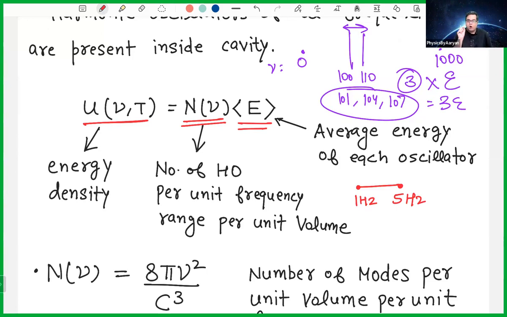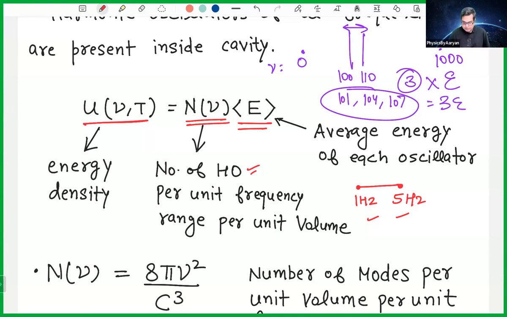How many atoms are oscillating between 1 to 5? How many oscillators are oscillating at a frequency between 1 to 5? Let's say there are 100 oscillators. How many of them have a frequency between 1 hertz and 5 hertz? That is known as the density of states, or the number of harmonic oscillators per unit frequency per unit volume. So how many harmonic oscillators are oscillating in this frequency range?